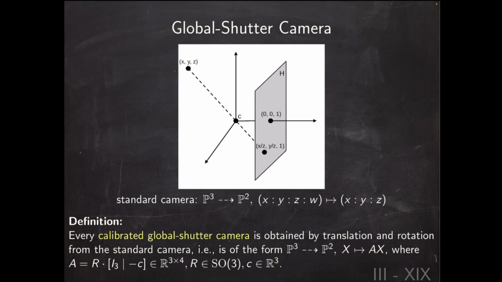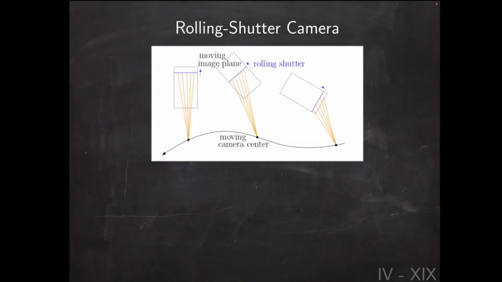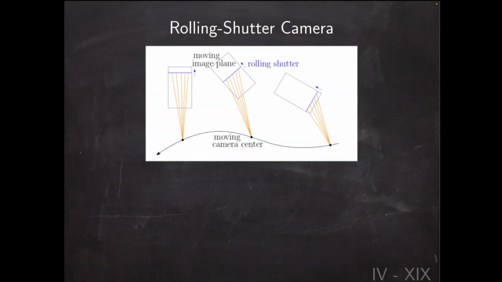Okay, and now we want to understand rolling shutter cameras. Here is a more mathy approach to defining those. As on the previous slide, they're similar to these global shutter cameras, but they move, so the camera center is moving in time. At the same time, there is a possible rotation of this image plane that was called H before.